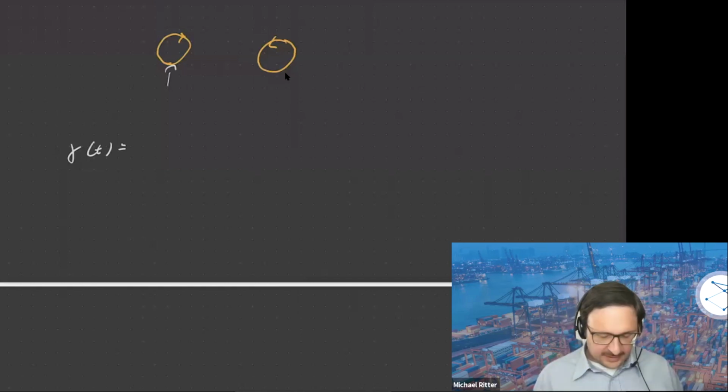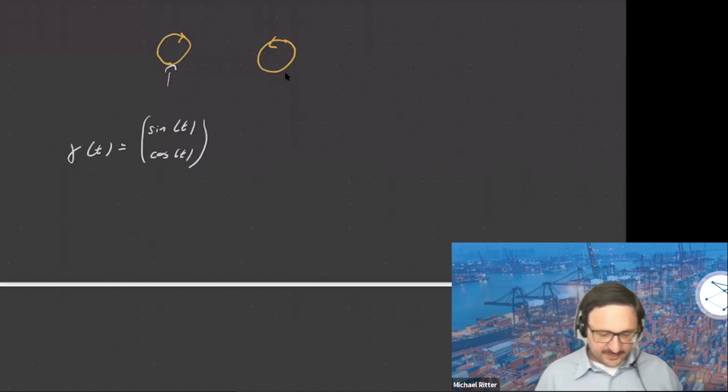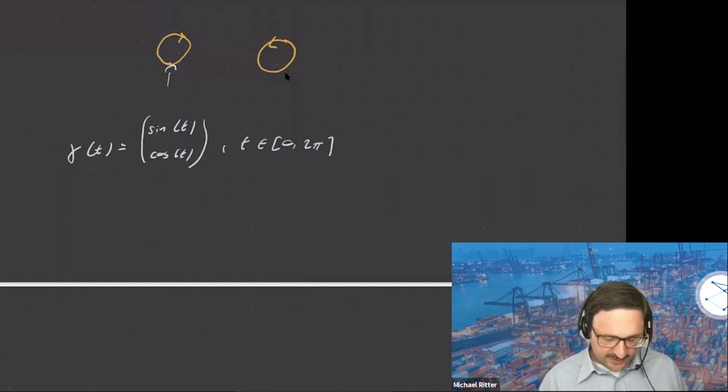That first circle here, for example, this one. We've seen that already. You might remember that we had a circle that was parameterized like that: sine t, cosine of t. Like this here. And then t just ran from 0 to 2 pi, right?